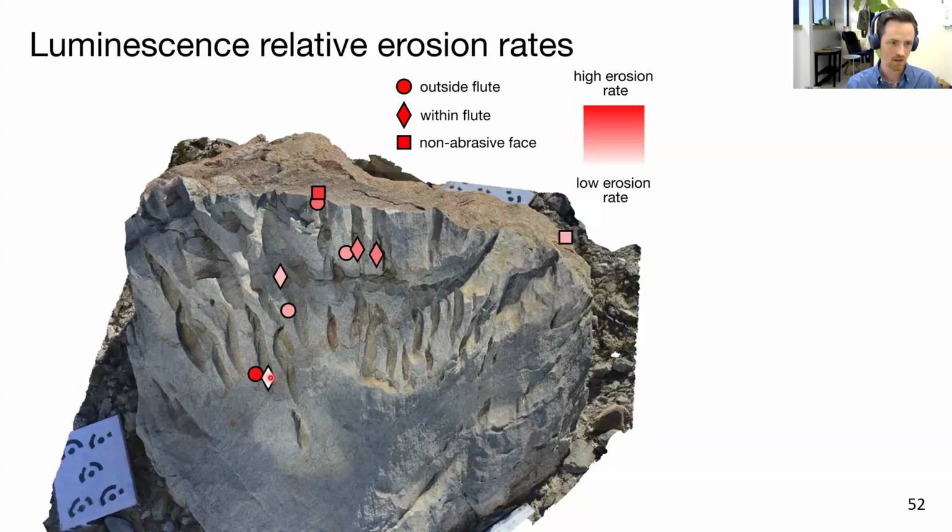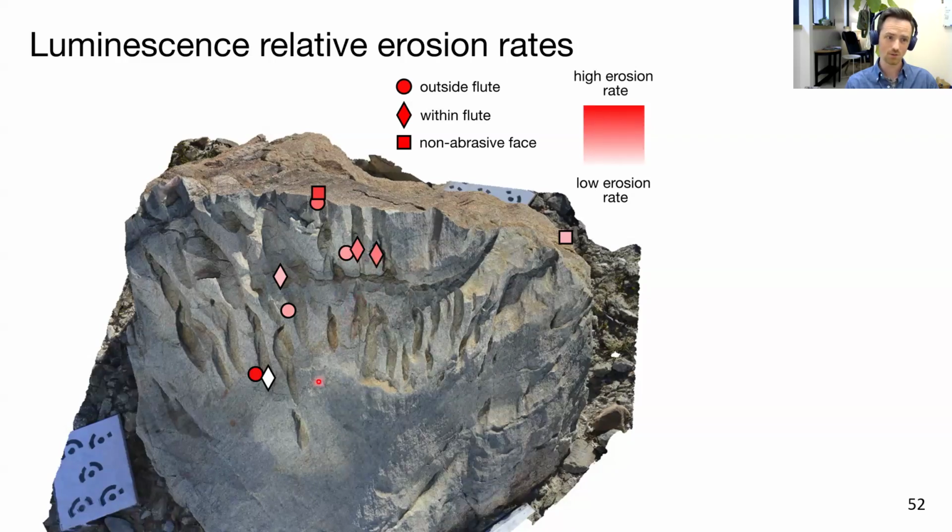Down here, we have the lowest erosion rate of the whole group inside this flute and the highest erosion rate outside of the flute. So this is, again, the opposite of what we would predict. Up here, this is sort of the null hypothesis case. These erosion rates are indistinguishable inside the flute and outside the flute.